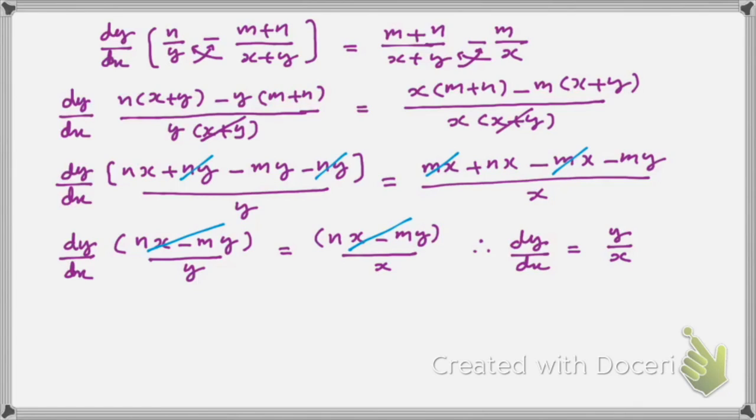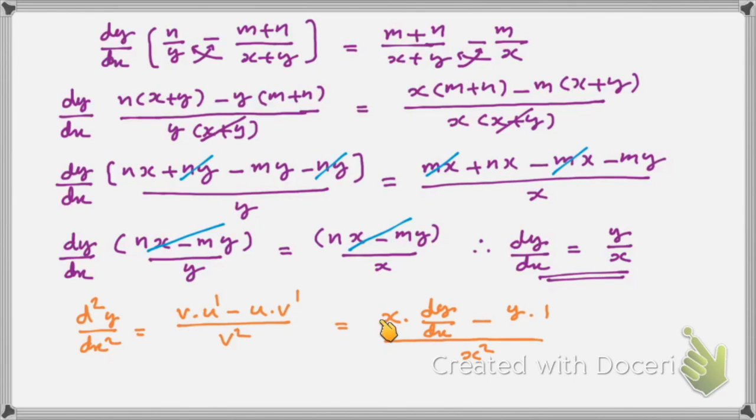But in my question, I had asked for the second derivative, the higher order derivative, differentiated one more time with respect to x. That's d square y by dx square. So when I differentiate it a second time, on the right side what I have is y by x, which is a quotient. Quotient rule: v into u dash minus u into v dash by v squared. Denominator into derivative of the numerator minus numerator into derivative of the denominator by square of the denominator.